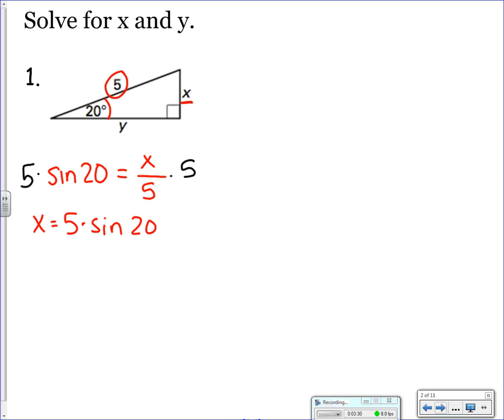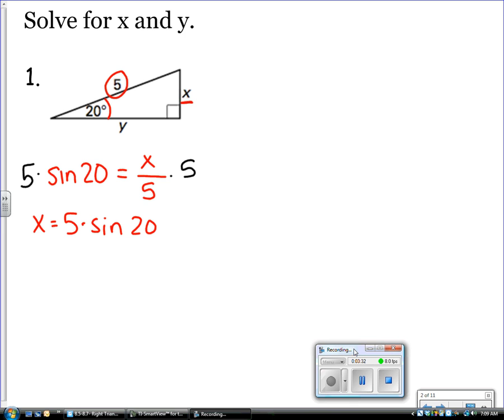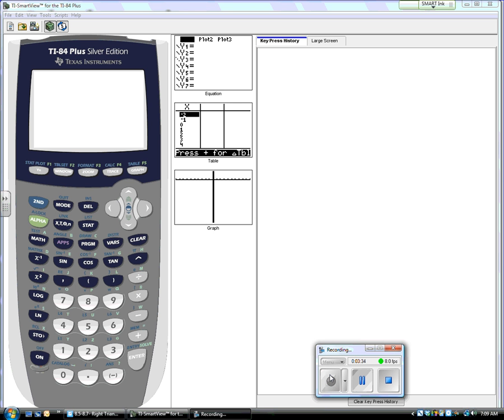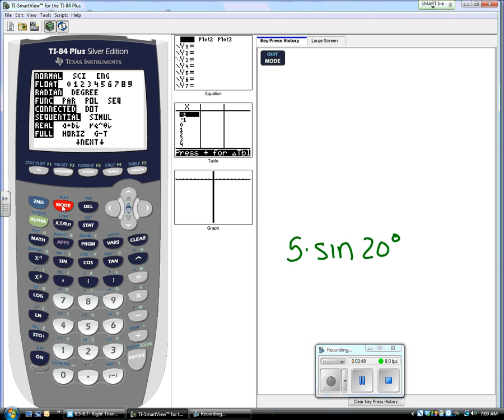Now pull out your calculators. So we're looking for 5 times the sine of 20 degrees. Make sure your calculator first is in the correct mode. Press the mode button. And mine is not in the correct mode.